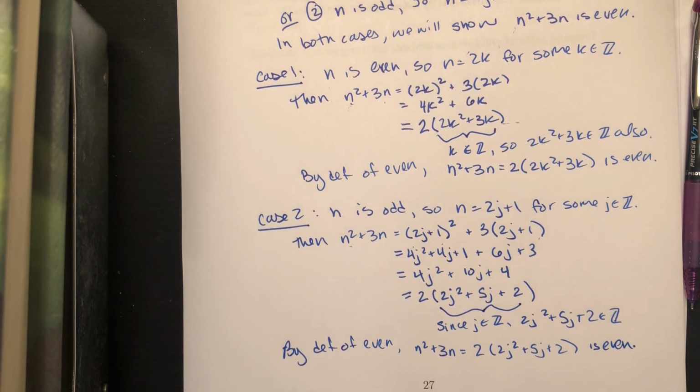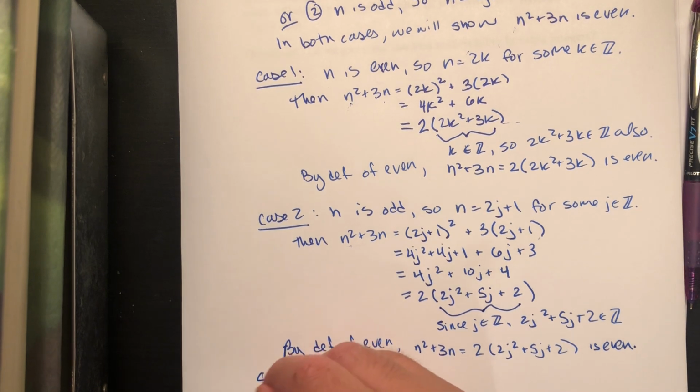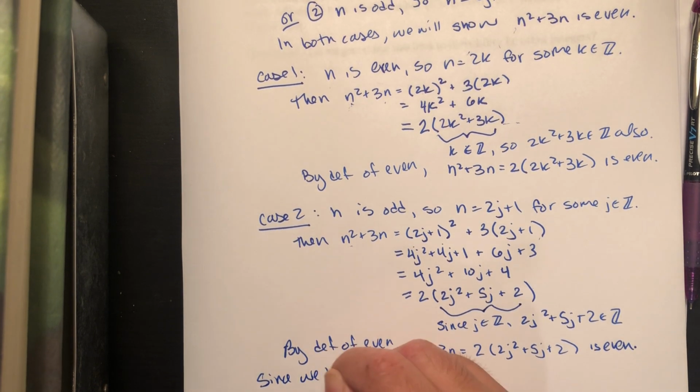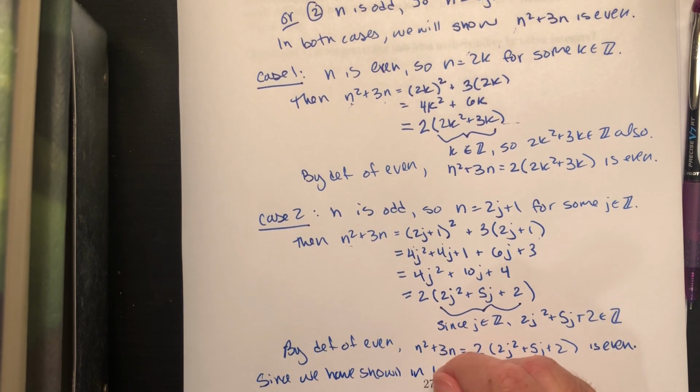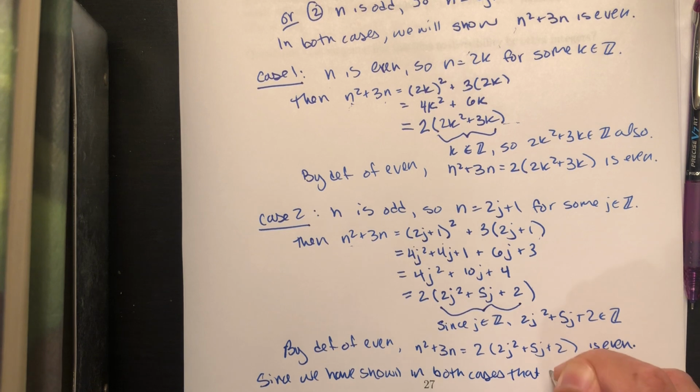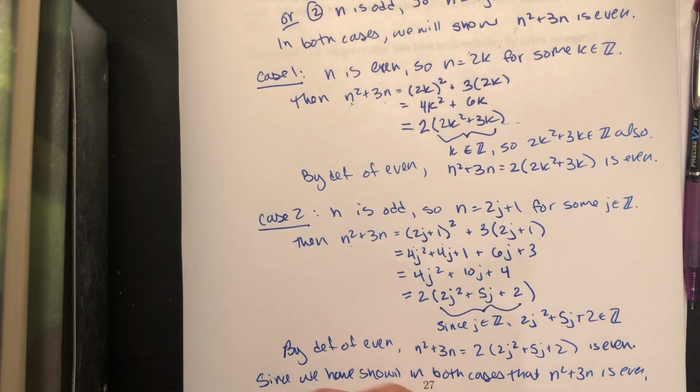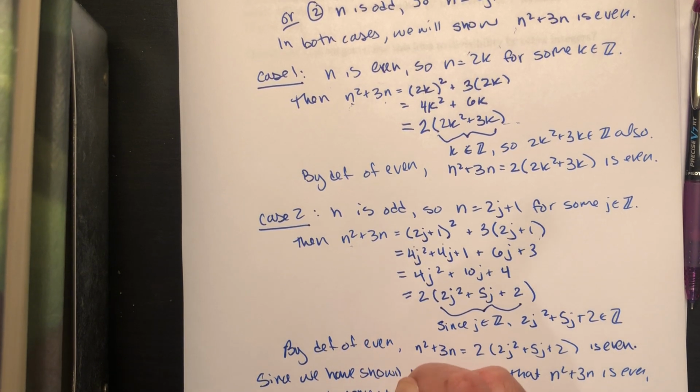Now, since we have shown in both cases that n squared plus 3n is even, the statement is true for all integers. And we're done.